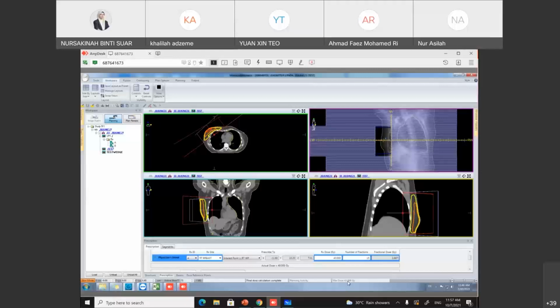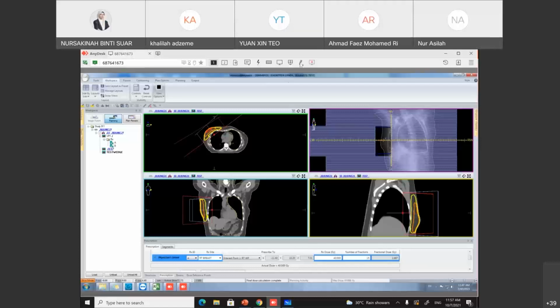Remember just now I told you the RTOG criteria is that we cannot receive more than 10% higher than the prescription. But in our centers, only palliative cases can receive 10% higher dose. For all radical cases, we can only receive 7% higher. So in this case, it's already more than 7%.